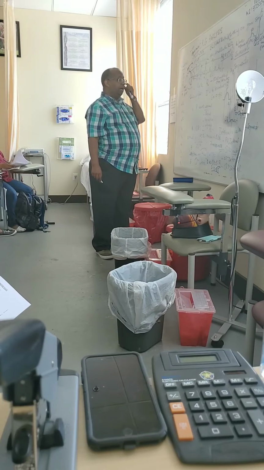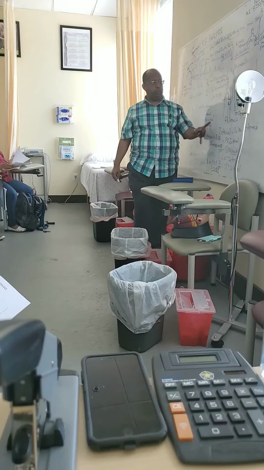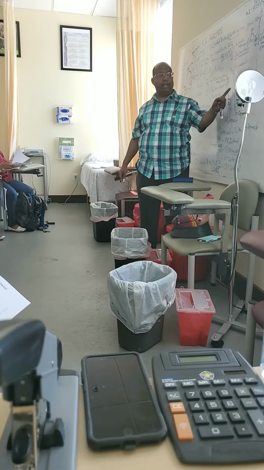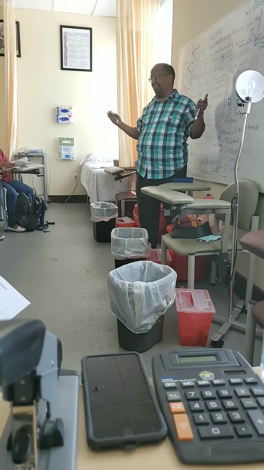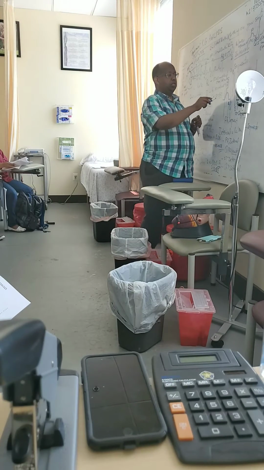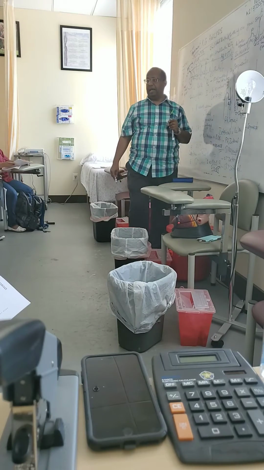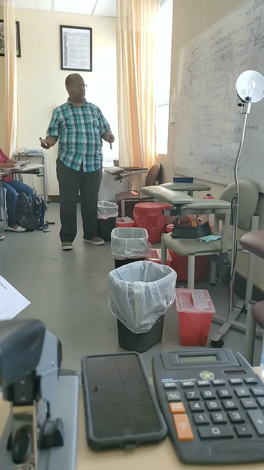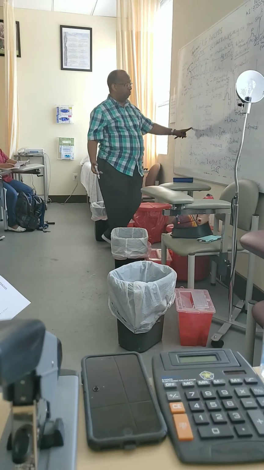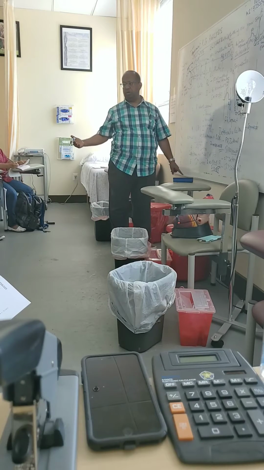Then the last will be the QT interval. QT means from the beginning of Q to the end of T, which is a long distance. One of the longest intervals is QT. So count the little boxes between Q and T and multiply by 0.04 again. So all of these values, QRS, PR interval, and QT, you multiply by 0.04.